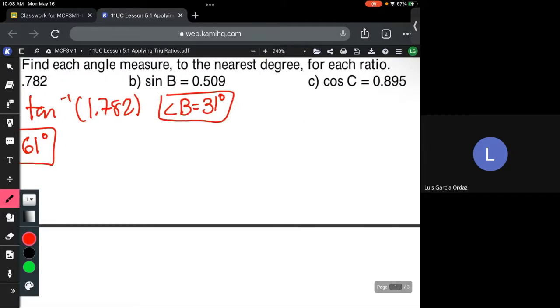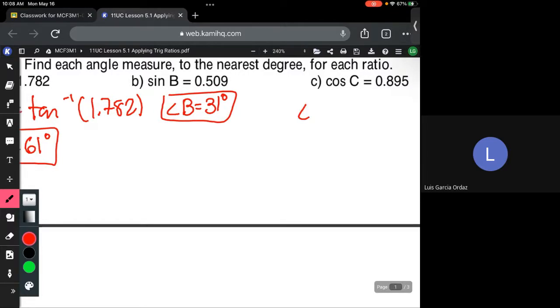And then the last one, cos C is equal to 0.895.